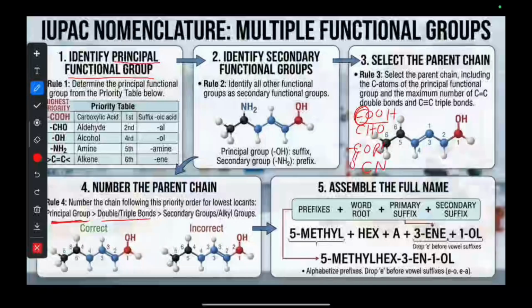The double bond or triple bond gets lesser priority, so it will get a higher locant. The secondary functional group or the alkyl group will be treated as the substituent and will be given the higher locant.